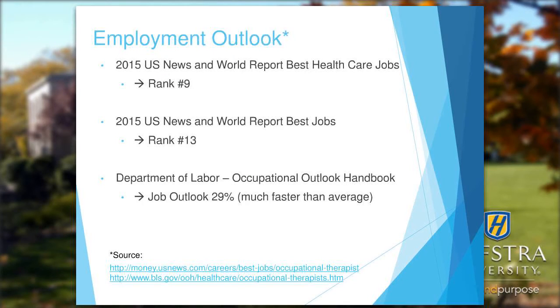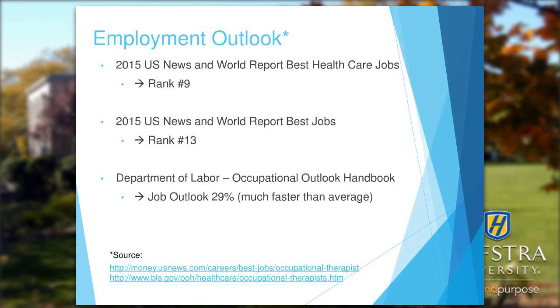The employment outlook for occupational therapists, as many of you may already know, is really good. U.S. News and World Report ranked occupational therapy as number 9 in terms of healthcare jobs, and number 13 in terms of best jobs.